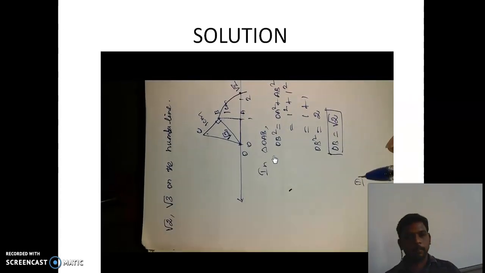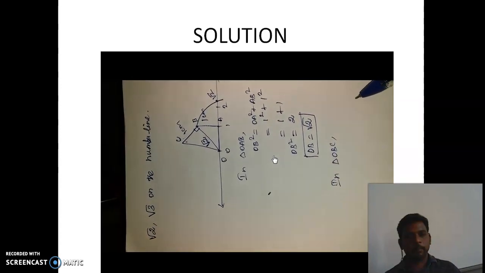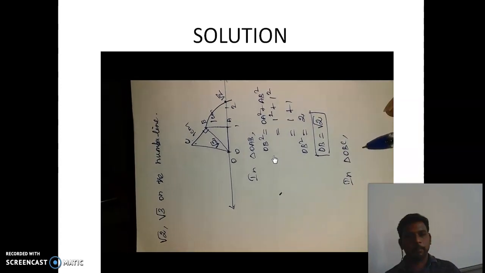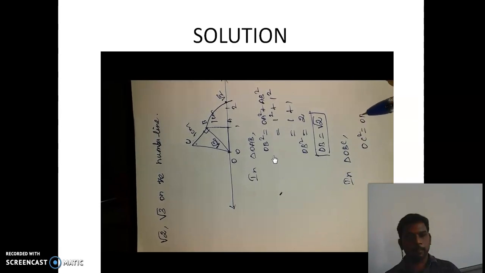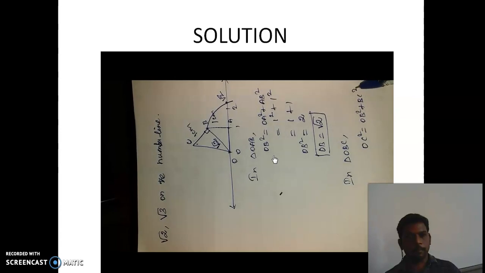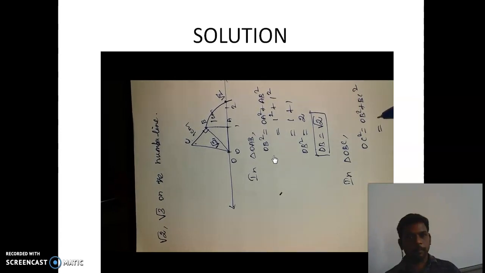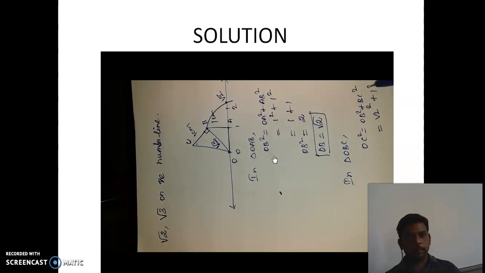Now in triangle OBC, again apply Pythagoras theorem. OC is the hypotenuse, so OC square equals OB square plus BC square. Now what is OB? OB is nothing but root of 2. So root 2 square plus BC is 1 square.